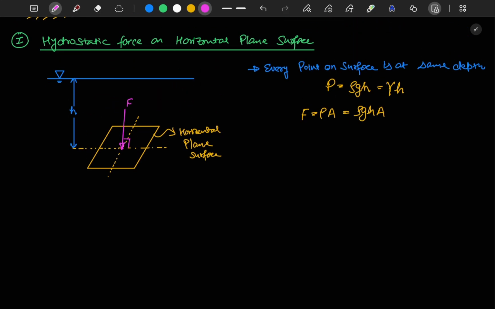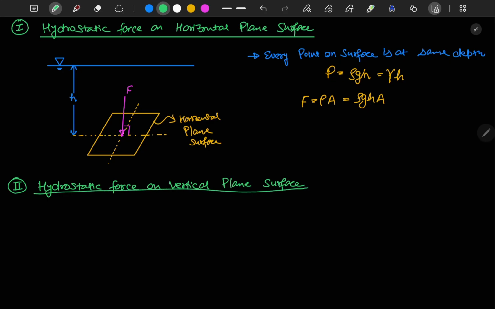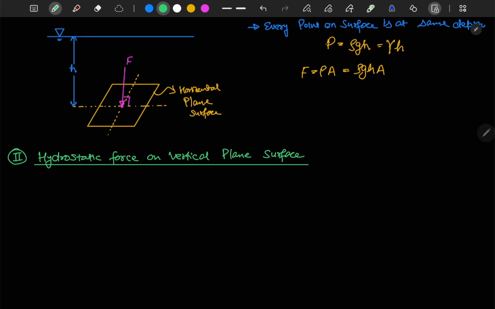Now let's talk about the second case: hydrostatic force on a vertical plane surface.